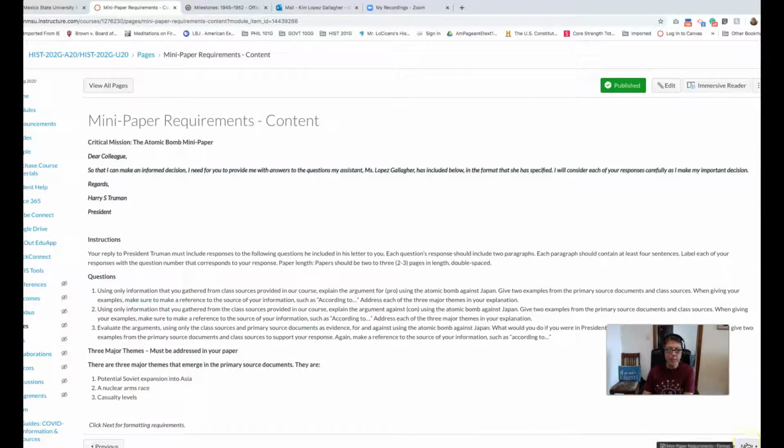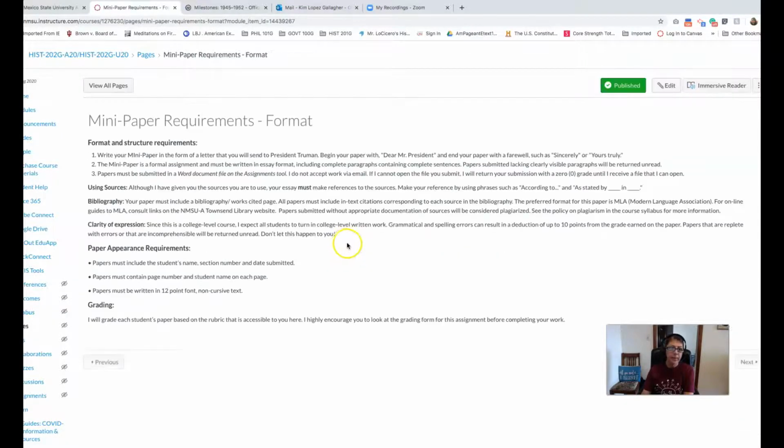This isn't meant to be a very long paper, only 2 to 3 pages in length, double spaced. The other thing is format. I do require that you use MLA format. So read through this. This is all very helpful.